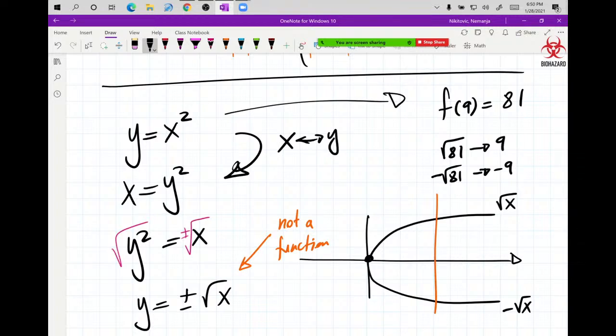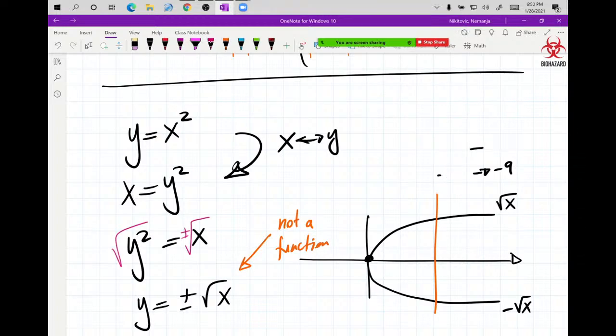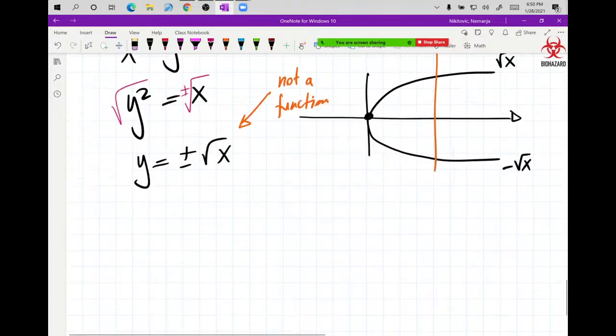So I hope you guys are getting this idea that you always have an inverse, but some of those expressions are going to end up not being a function. And we can fix that by chopping up the original function, chopping up its domain so that what's left is a function.